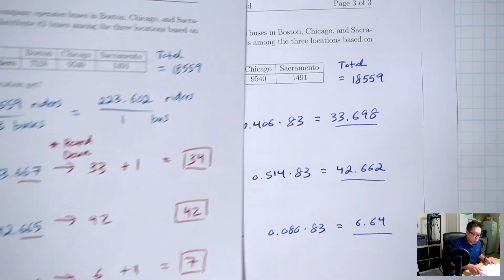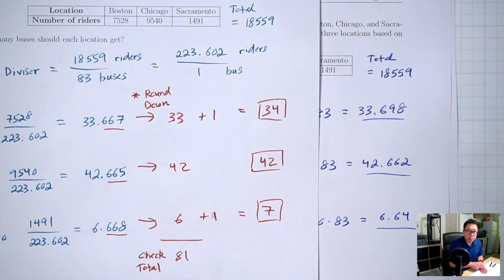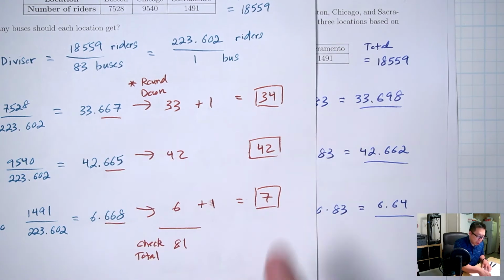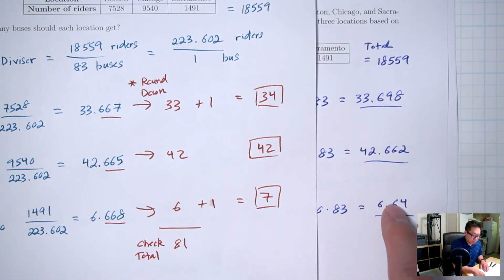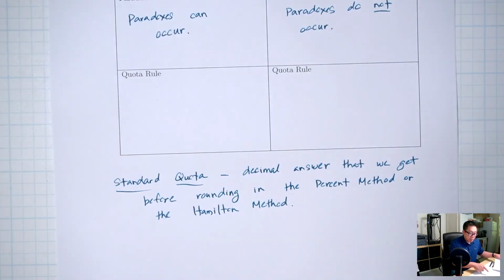So the standard quota are these decimal numbers before we round, and they represent exactly how much each city or state deserves. Now, I know these numbers are different, but they're actually supposed to be the same. The only reason they're different is because we rounded. If we use exact answers, the percent method and the Hamilton method should be exactly the same in terms of those decimals before we rounded. So that's the standard quota.